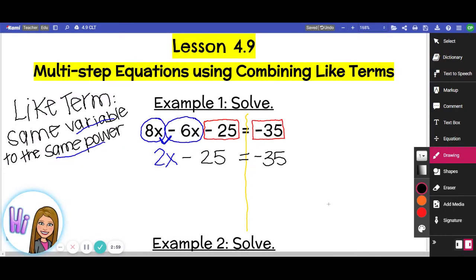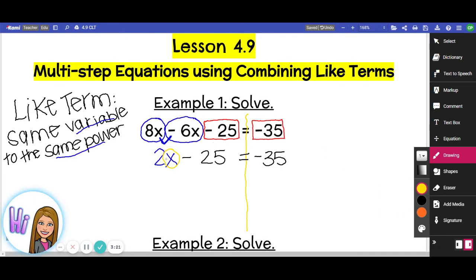Now I can see that I've got a two-step equation. So my goal is to isolate that variable that we were just talking about, which was the x. So here is my x, and I want to get that by itself. So I want to get rid of anything that isn't attached to that x, that's furthest away from it.